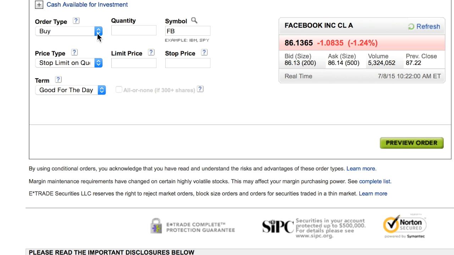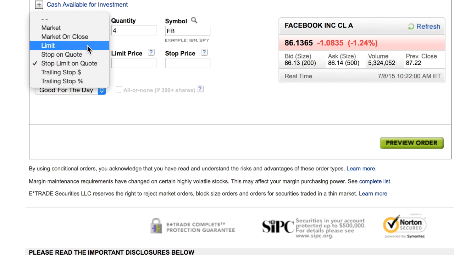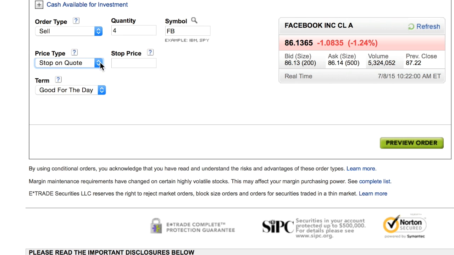So here, let's say you're going to sell 4 shares of Facebook stock. You have your options here on price type. Now on price type, it says stop on quote. A stop on quote essentially says, when it hits this price, I can put in $83.